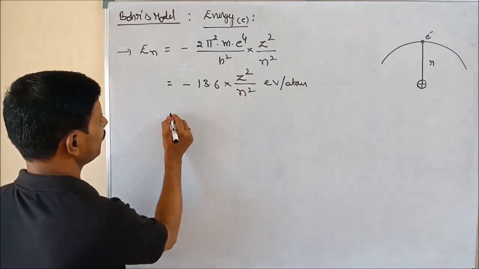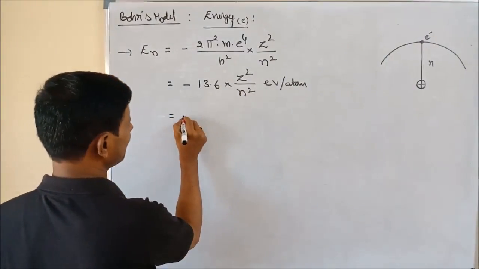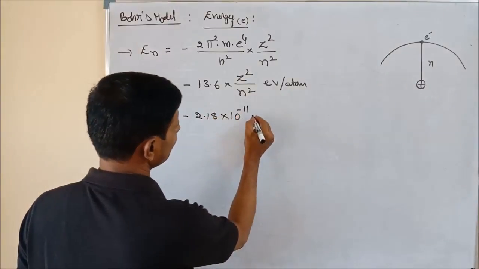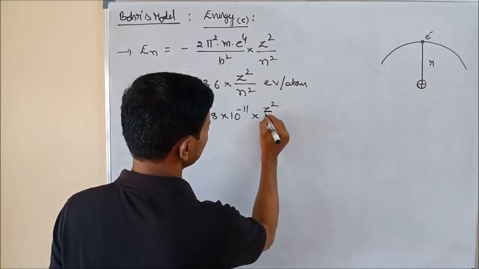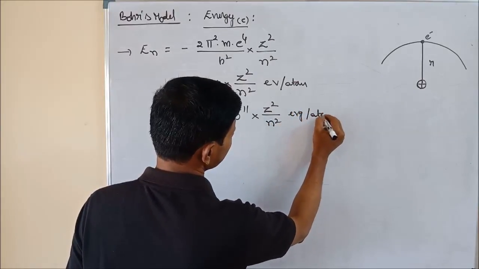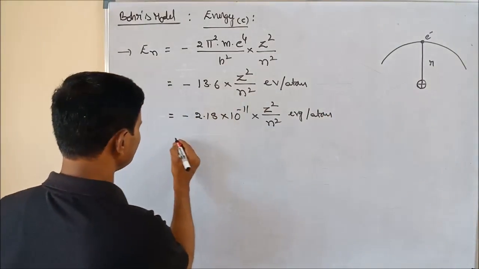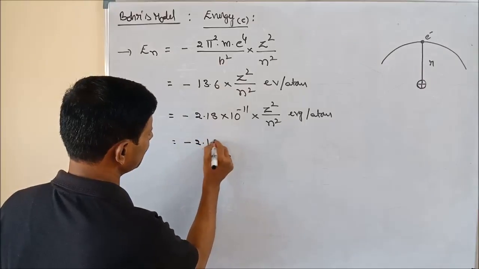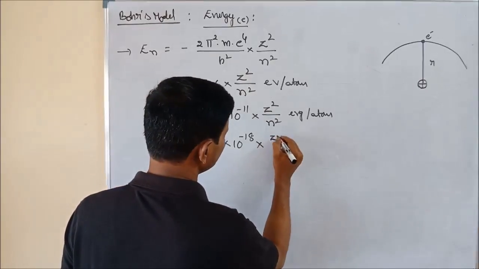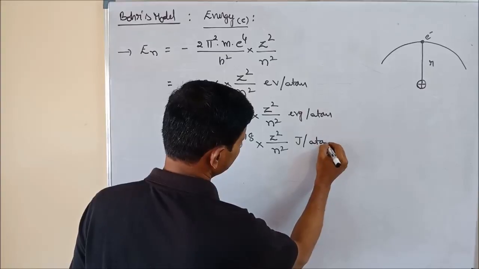Similarly, in ergs, it becomes minus 2.18 into 10 power minus 11 into z square by n square erg per atom. These are all conversions, and similarly we can convert it to joules, minus 2.18 into 10 power minus 18 into z square by n square joule per atom.